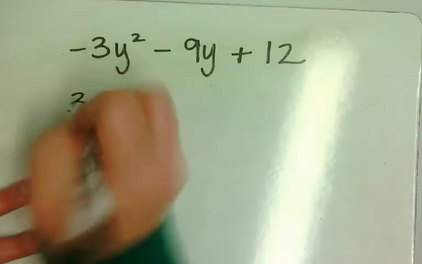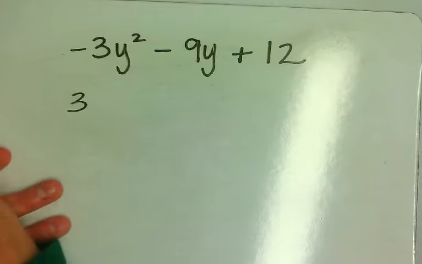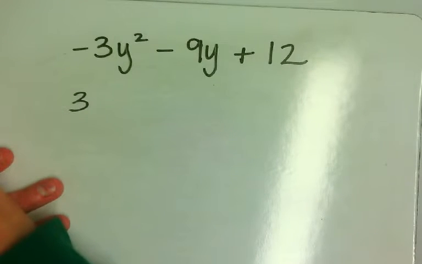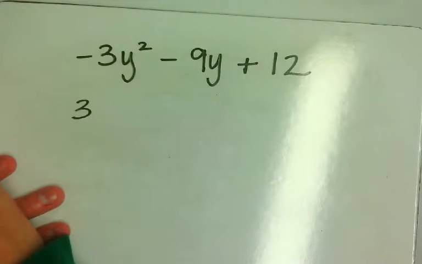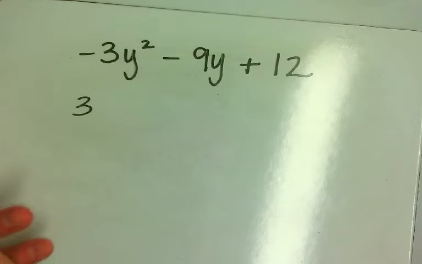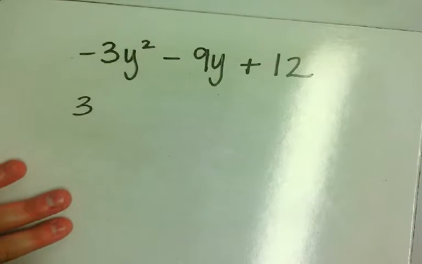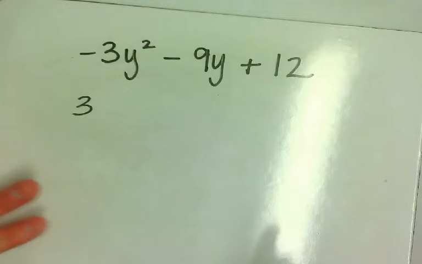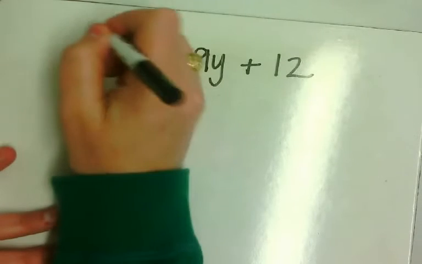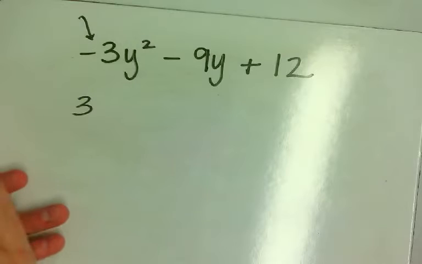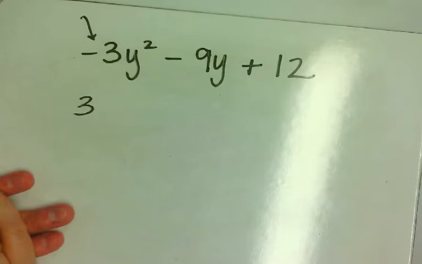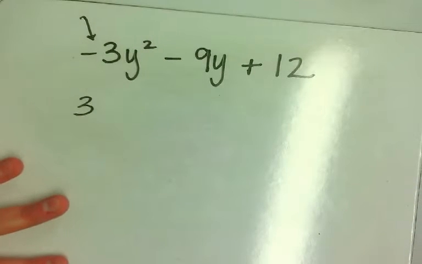They're all divisible by 3, and those of you that watched your video, its leading coefficient is negative. What does leading mean? The first. And what does coefficient mean? The number attached to that variable. So if my leading coefficient is negative, remember how we've talked about things that are just proper ways to do something?